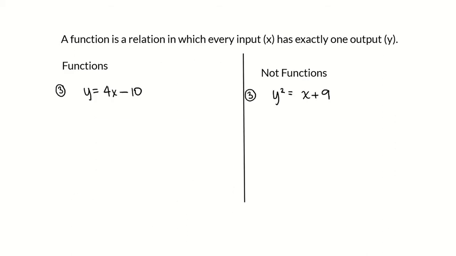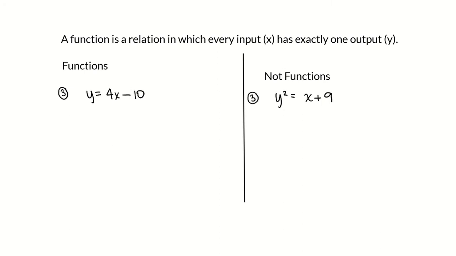We can also determine if a relation is a function or not by looking at function rules or looking at their equations. So this third example that is a function, if we plug in any x value, we should get out exactly one y value. So for example, let's plug in x equals 0 to this rule.